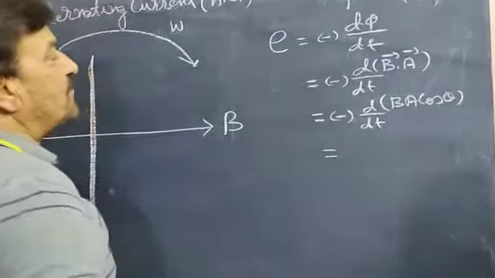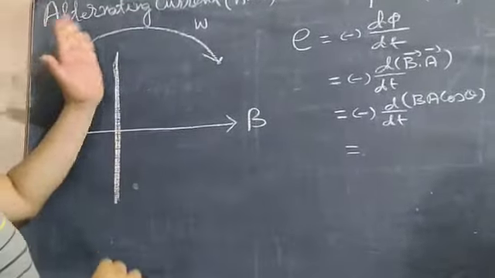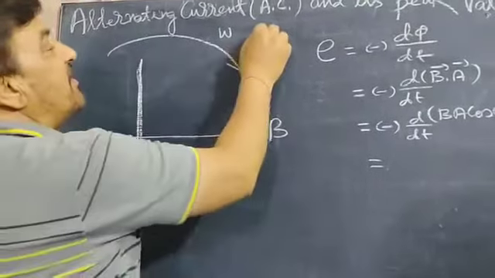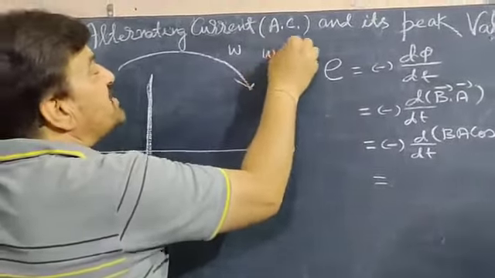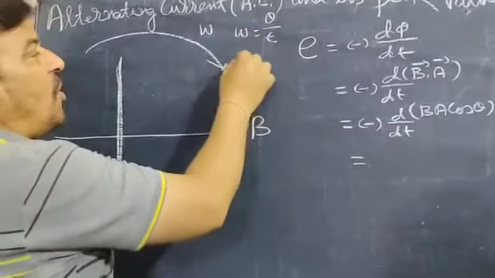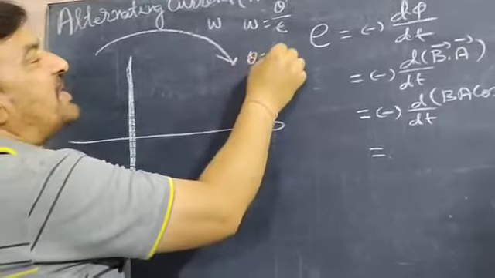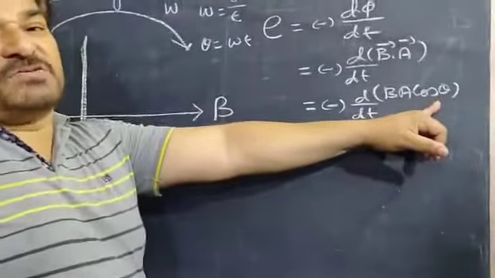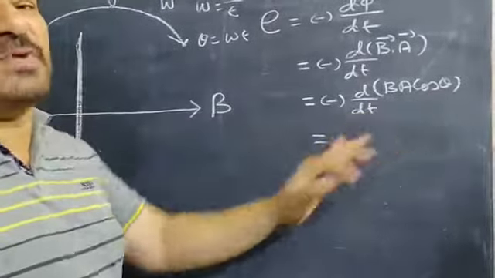Here the coil is rotating with an angular velocity omega, and angular velocity is defined as the angle subtended per unit time, so theta equals omega t. In place of theta, we can write omega t.